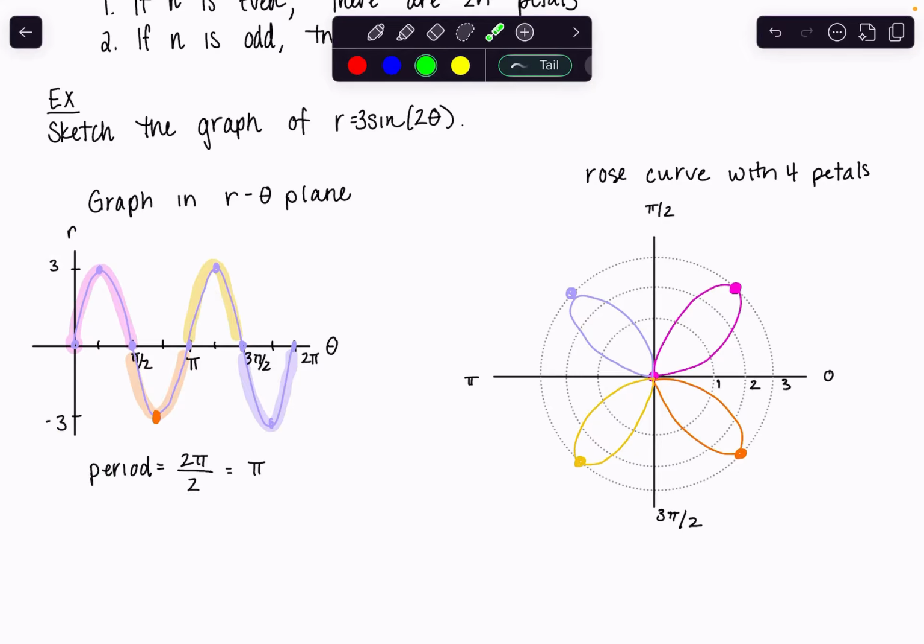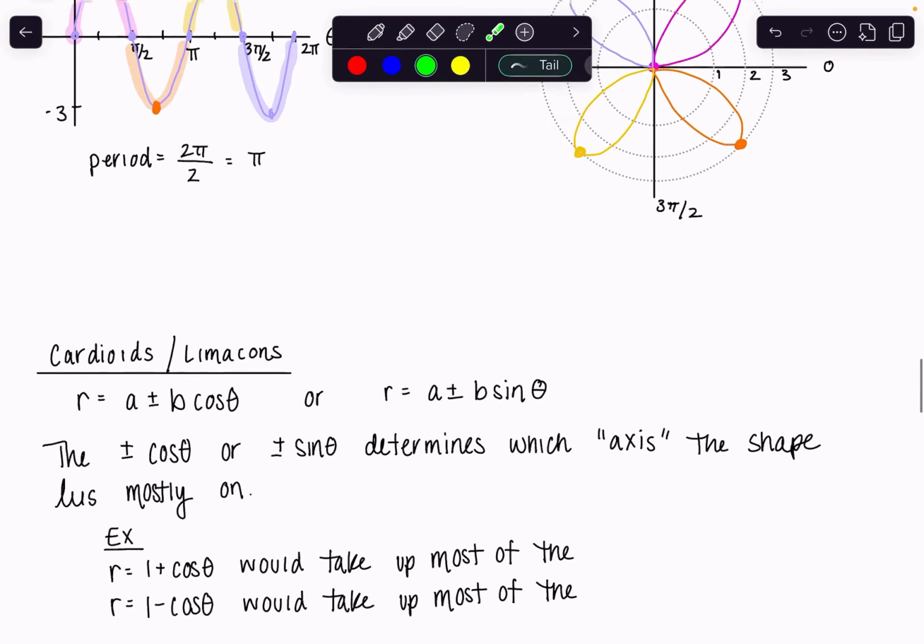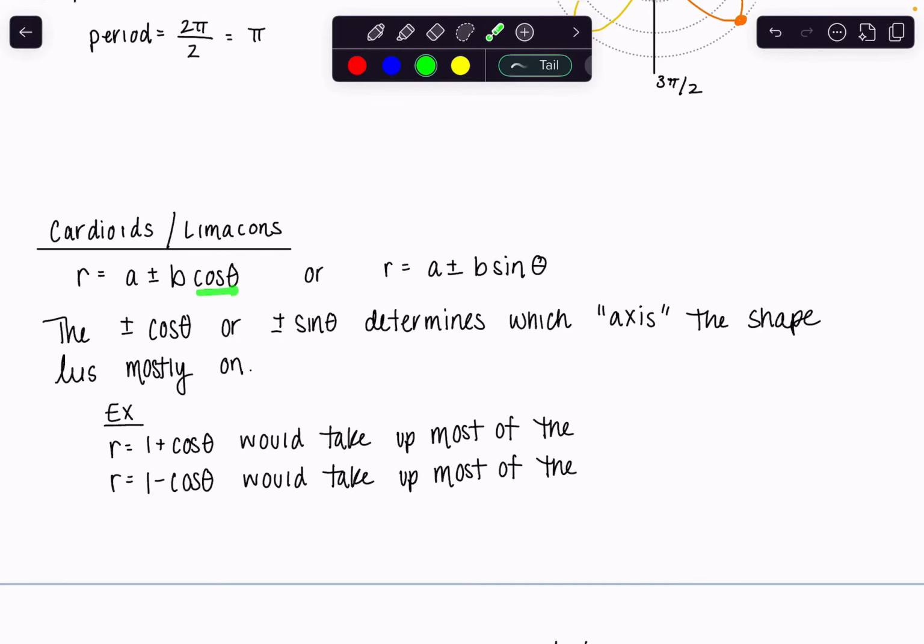Okay. The very last special type of polar curve we're going to talk about are cardioids and limacons. And so what's going to happen here is you're going to have a cosine or sine function, and you're going to be adding or subtracting that with some number. Really what's going to occur is if you're dealing with a cosine function, it's telling you you're going to take up most of what's considered to be the x-axis, because that's what cosine deals with.